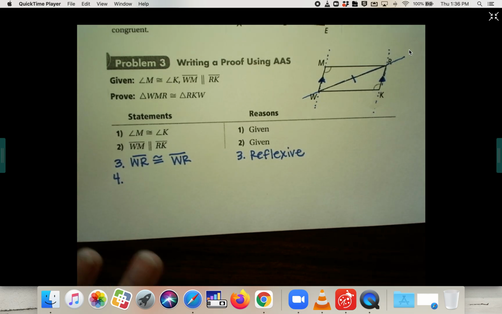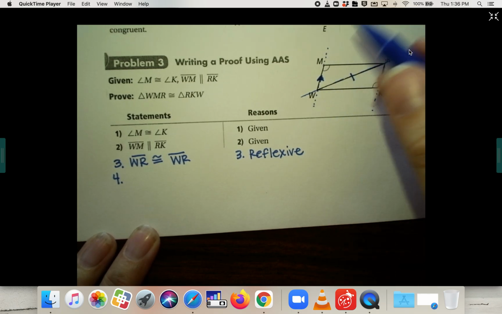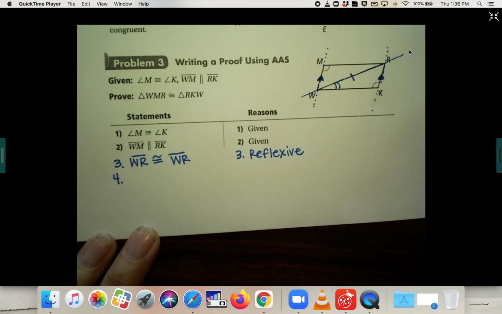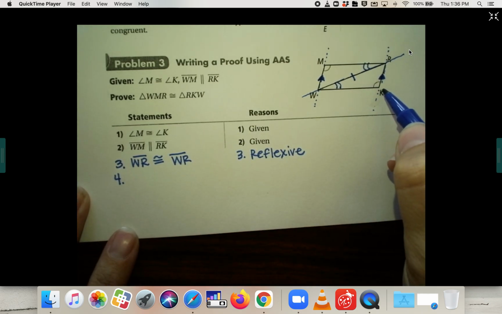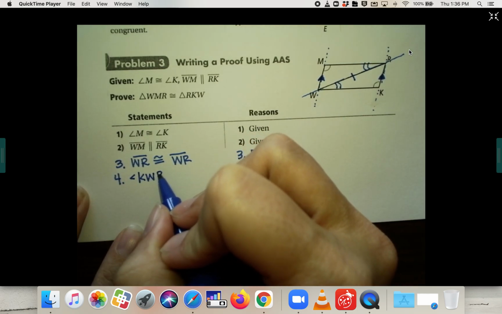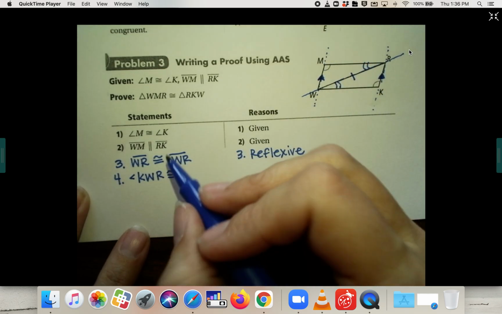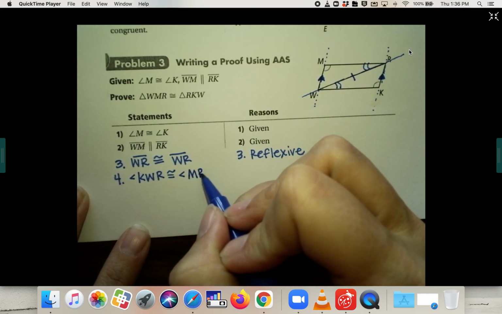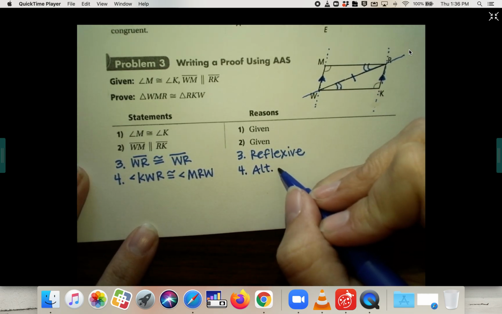But I'm looking at alternate interior because if this is the transversal and these are my two parallel lines, then that would mean this angle would have to be congruent to this angle because of alternate interior angles. So let's go ahead and write what that one is. Angle KWR is congruent to angle MRW, and the reason is alternate interior angles.